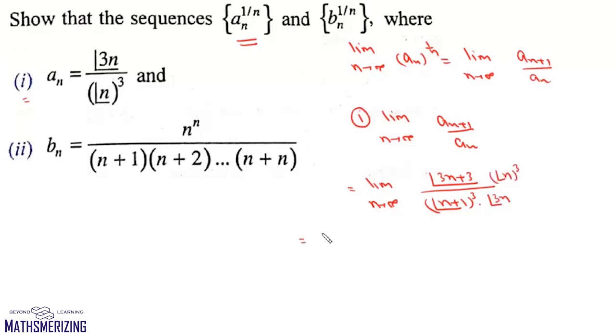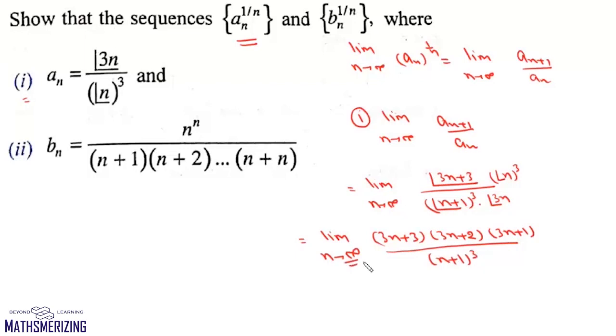Now we can write this as limit n tends to infinite, now it will be 3n plus 3 into 3n plus 2, 3n plus 1. Now factorial 3n will cancel, upon n plus 1 whole cube.